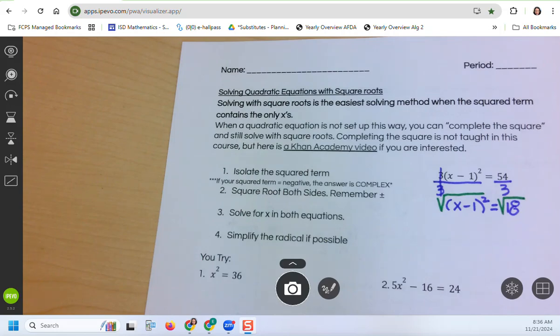Now, when you solve with a square root, you're actually going to get 2 answers. Do you remember that when we solve with factoring, we always got 2 answers? We had 2 factors, and each one gave us an answer. It's the same thing when you solve with a square root, and here's where it comes from. If I tell you that a number squared equals 25, that number might be 5, right? Because 5 squared is 25, or it might be what other number?